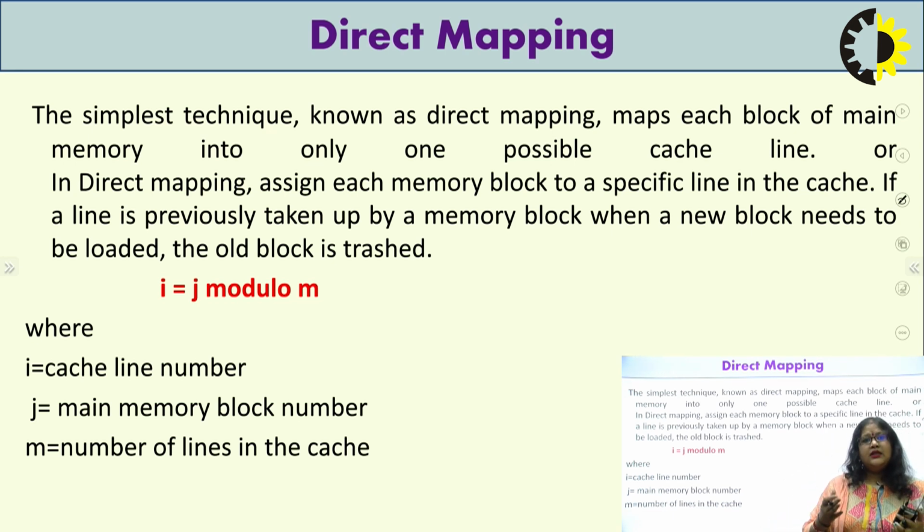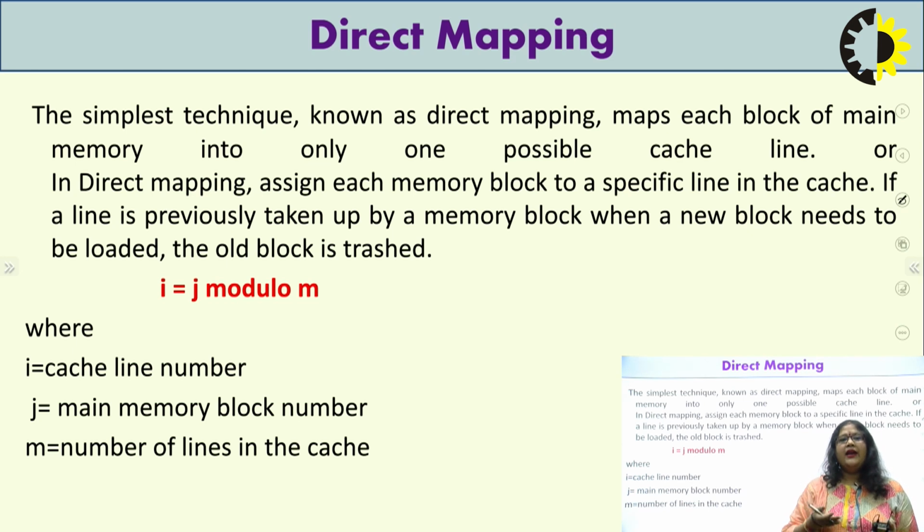The old block has to be replaced in the cache memory. So this is the basic concept of direct mapping: assign each memory block to a specific line in the cache.